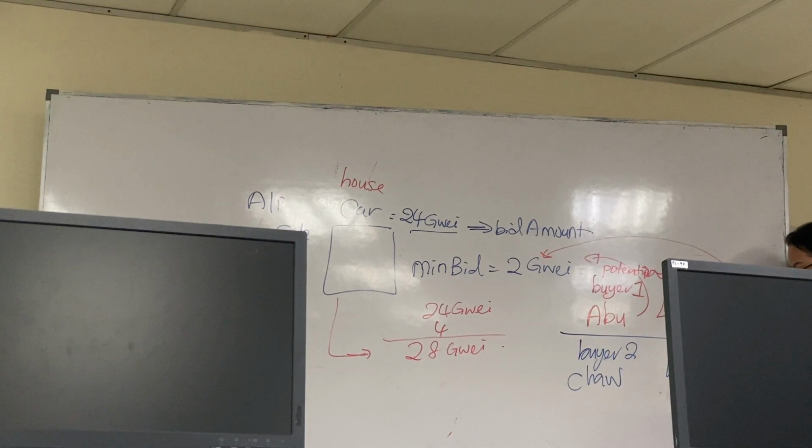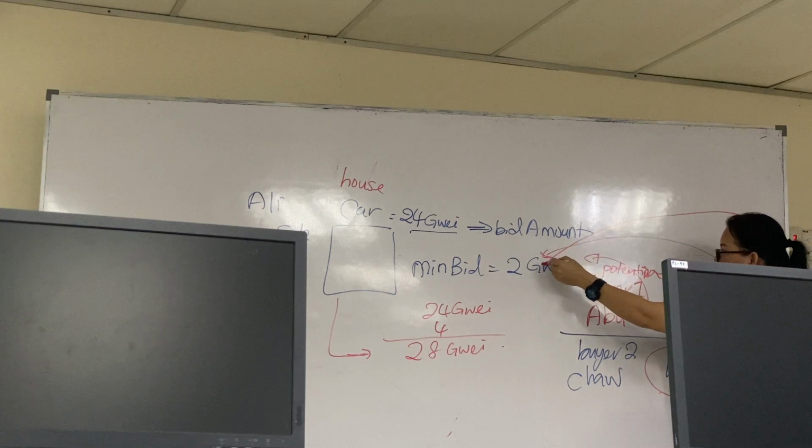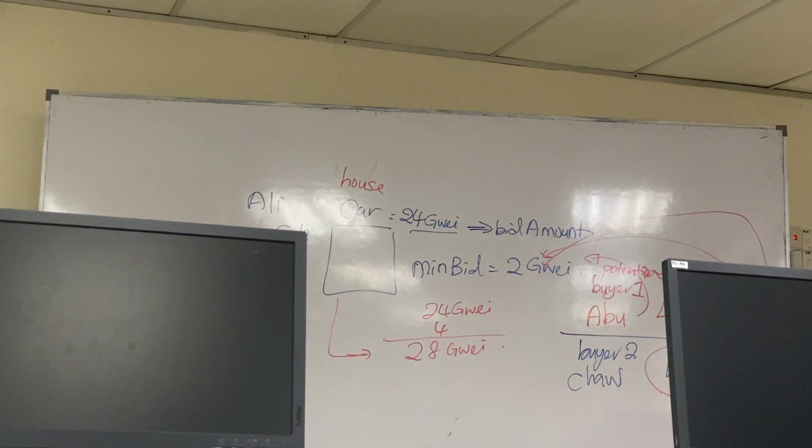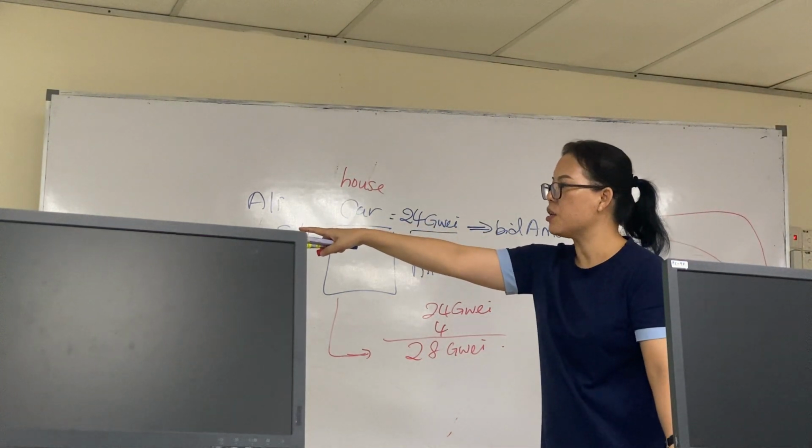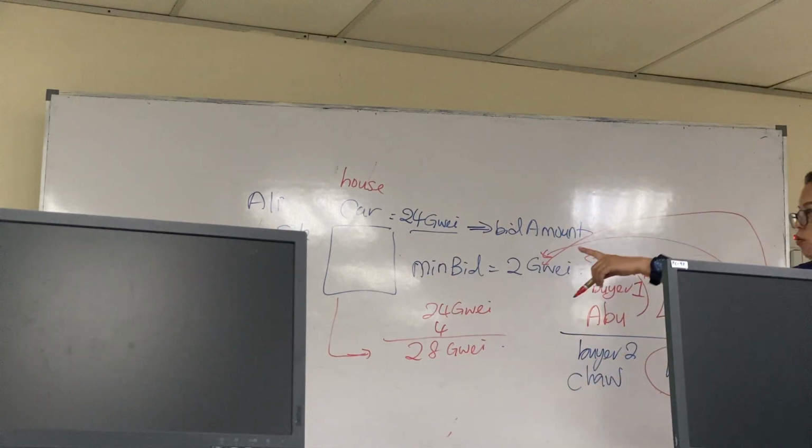Before you can add this 1 G-Way to the total amount, I will check from here. My minimum bid is 2 and you only give 1. Definitely you are not eligible. That's why you have one function called determine the eligibility.